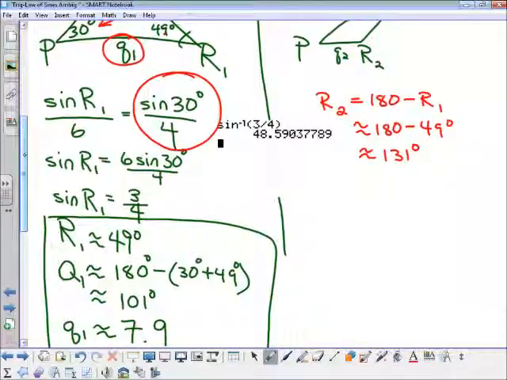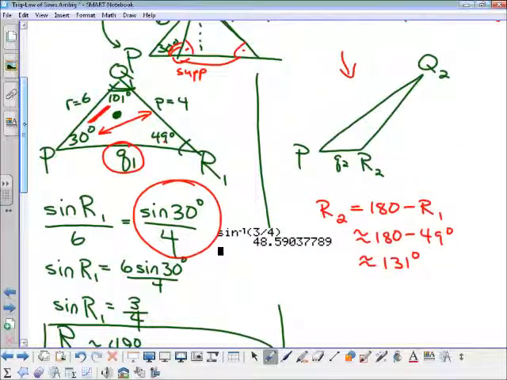Okay, so once we know that, again, we know P is 30. This now is 131. So that means Q has to be, that's right, 19 degrees. So Q2 we get from going 180 minus the sum of P and R2.